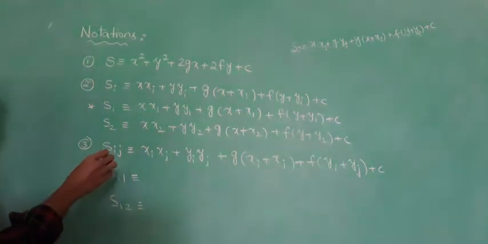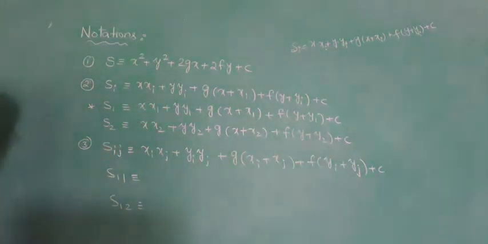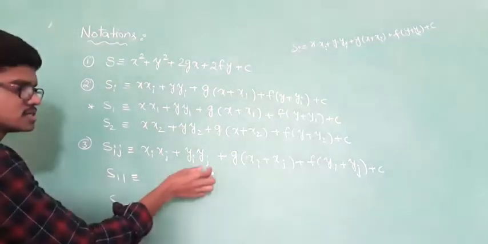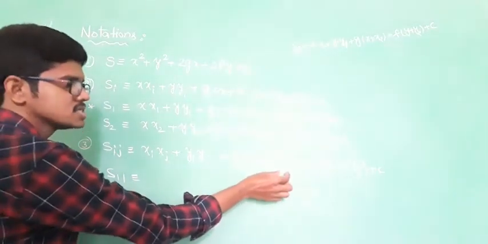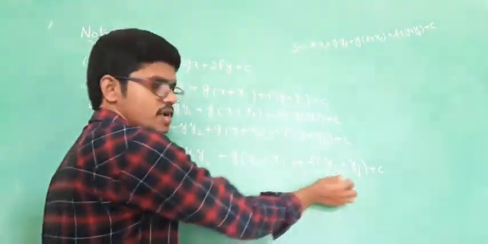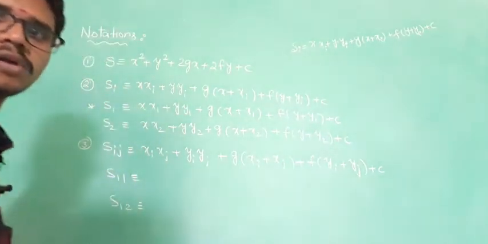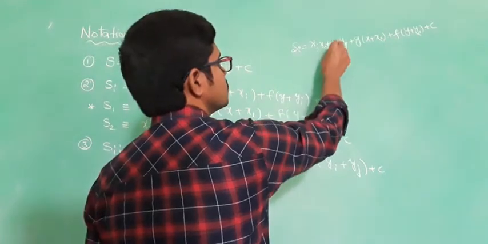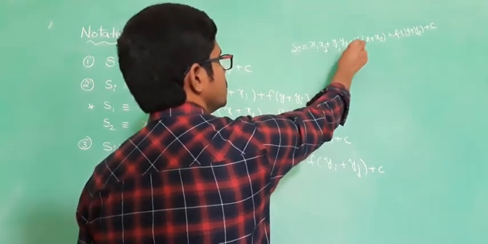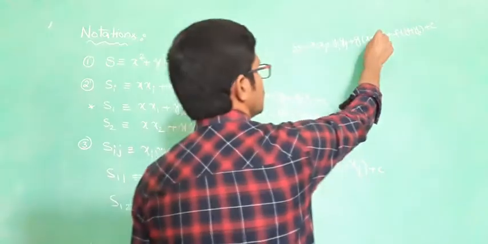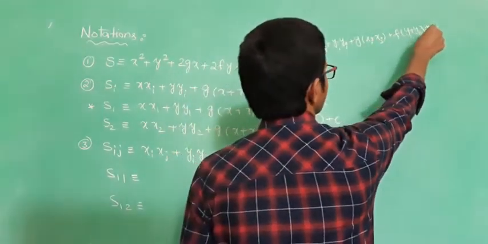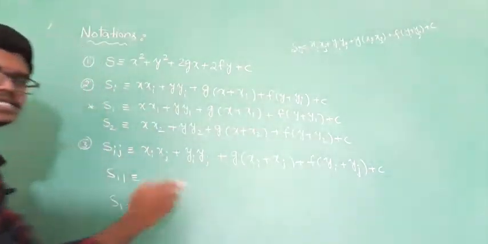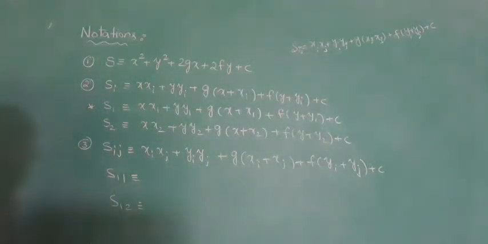Okay, so next, Sij can be written as xi xj plus yi yj plus g into xi plus xj plus f into yi plus yj. Here i and j run over 1, 2, 3 and so on.